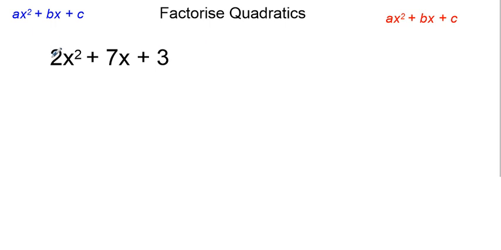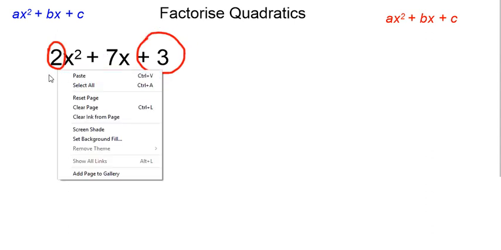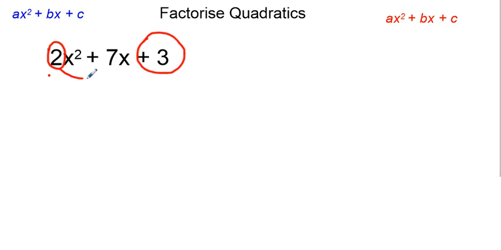First step, you multiply the coefficient of x squared, which is this, by the constant, which is this. Okay, let's multiply. So 2 times plus 3 will give us plus 6.